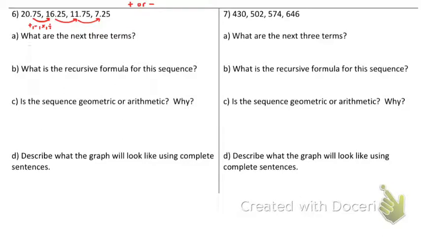So to find how we're changing from one number to the next, I'm going to take the second term minus first term. Okay? I'm not saying that we're adding or subtracting, but this is a way to check if we're adding or subtracting. So the second term is 16.25 minus 20.75.